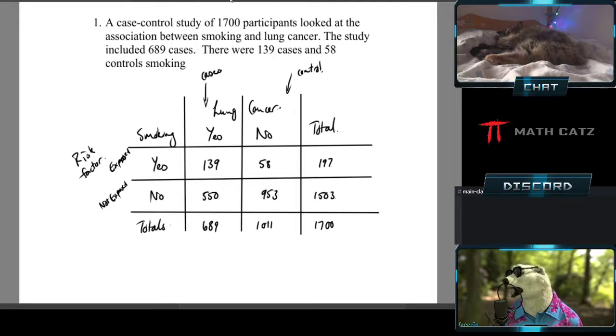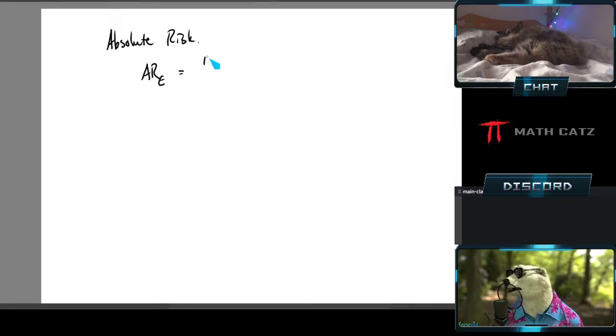So I have 139 out of 197, and I'll make that a percentage. Previous example we did, it was 8 over 19, and we get 42%. In this case, it's going to be the same positioning of the numbers, but of course a different percentage.